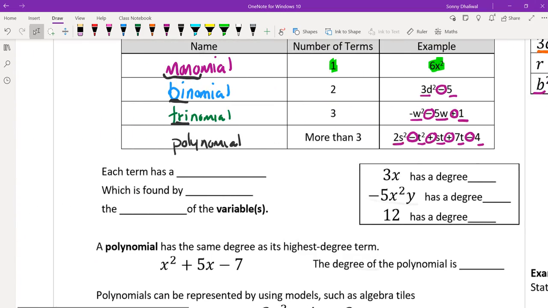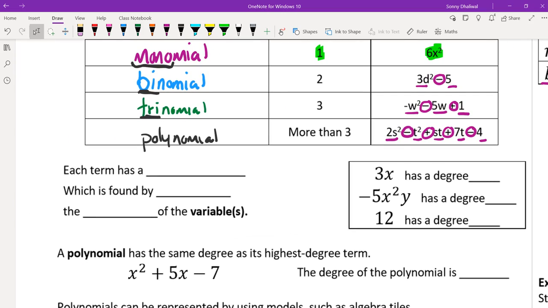So another thing that we can use to help classify polynomials is something called a degree. And every term has a degree. Now, at the grade 9 level, all I want you to do is be able to figure out what a degree is.